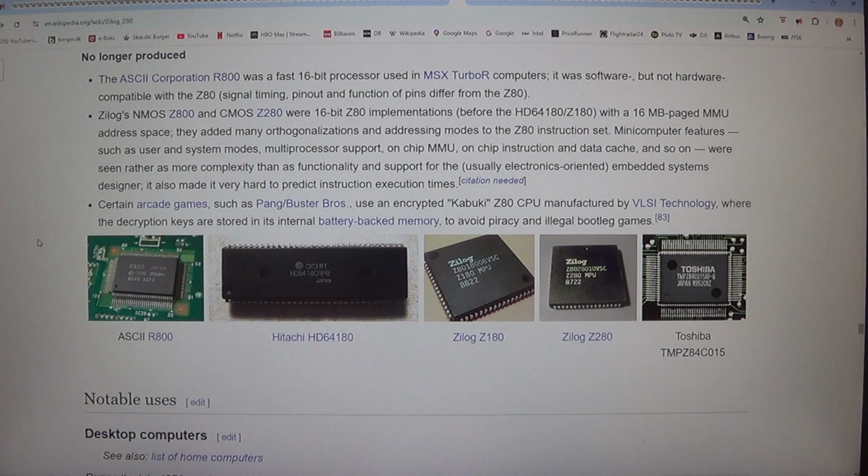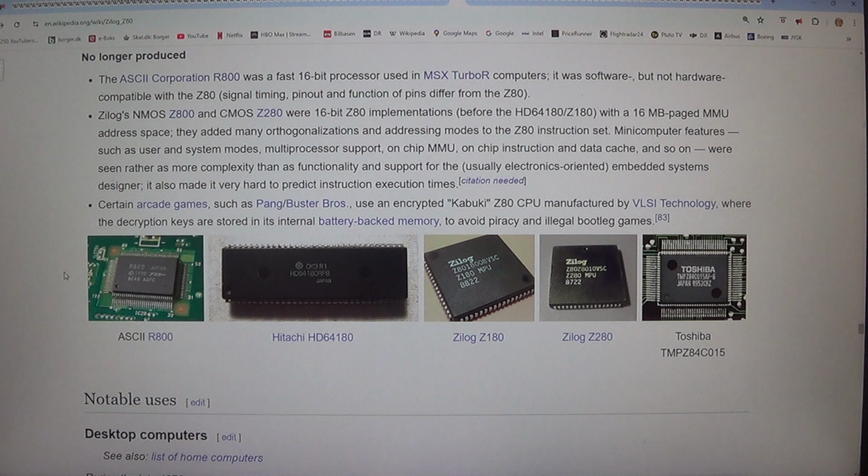Minicomputer features, such as user and system modes, multiprocessor support, on-chip MMU, on-chip instruction and data cache, and so on, were seen rather as more complexity than as functionality and support for the usually electronics-oriented embedded systems designer. It also made it very hard to predict instruction execution times.